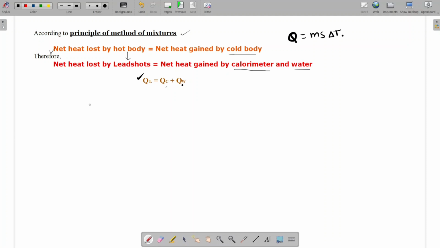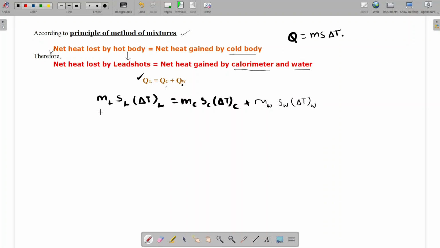Q is equal to m s delta T: mass of lead shots, specific heat capacity of lead shots, and change in temperature of lead shots, is equal to mass of calorimeter, specific heat capacity of calorimeter, and change in temperature of calorimeter, plus mass of water, specific heat capacity of water, and change in temperature of water.